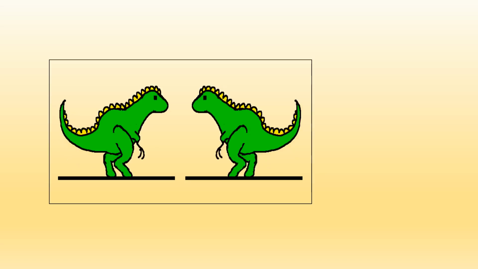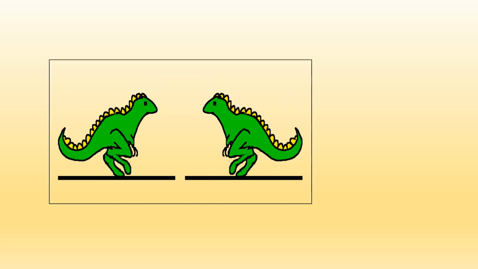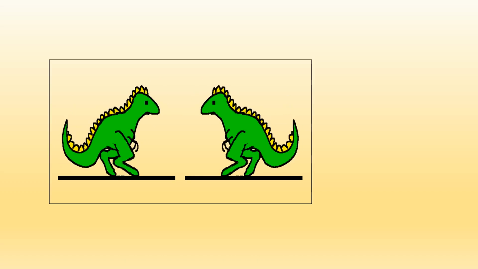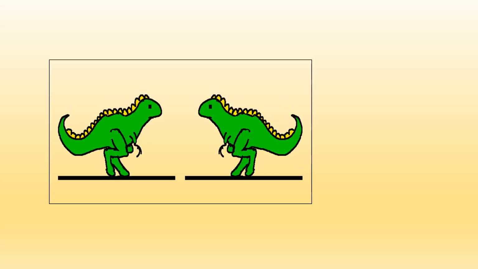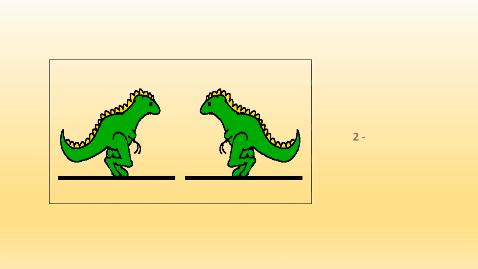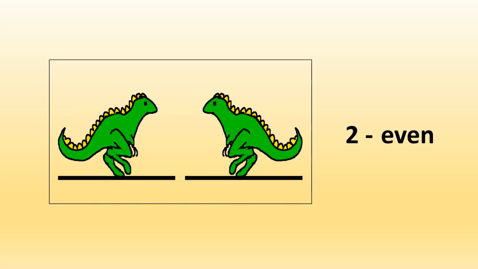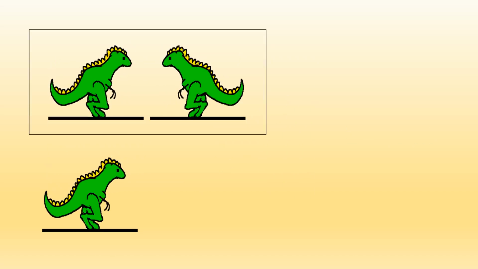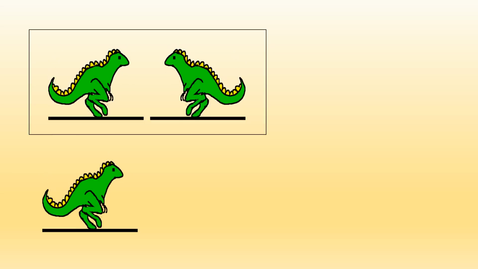Look, the dinosaur got himself a friend to talk to. Now, can we put the dinosaurs in a group of 2? Yes, we can. So we can say that 2 is an even number. Now, here we have 3 dinosaurs.